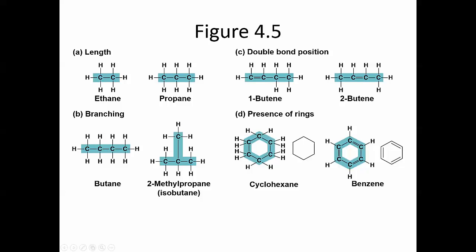So these are different ways that carbon backbones, along with their associated hydrogens, can vary from one molecule to another. Important to know those. The different structures will obviously have different properties.